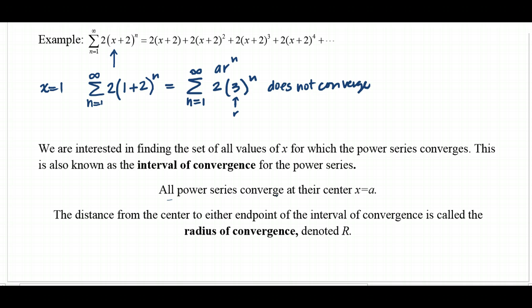So the power series is always going to converge at its center. And the next definition is that the distance from the center to either endpoint of the interval of convergence is called the radius of convergence, and it's denoted with a capital R.